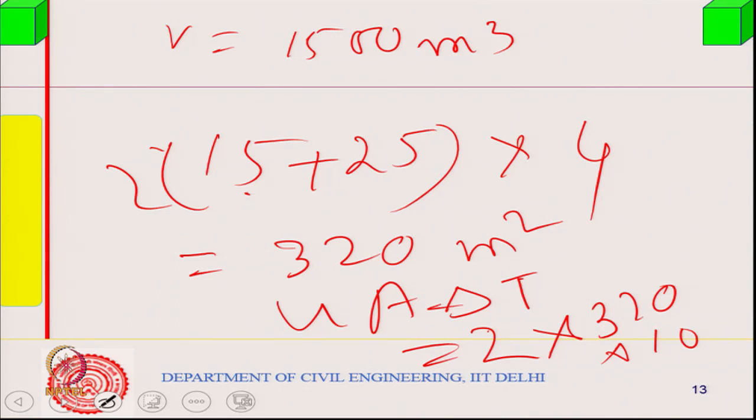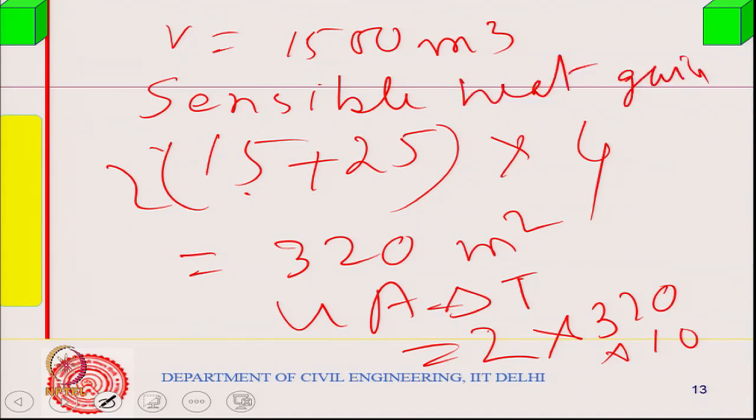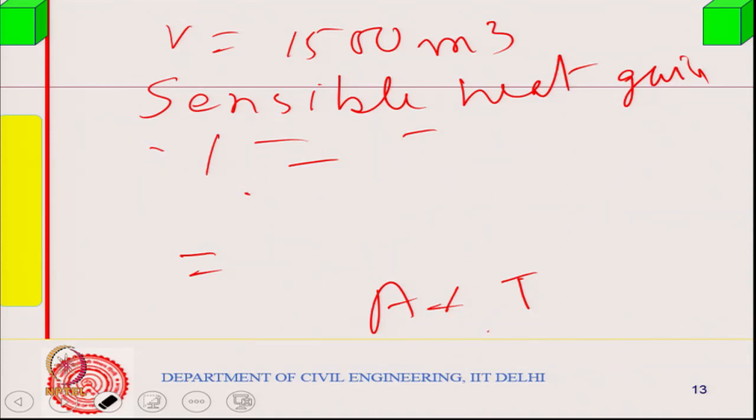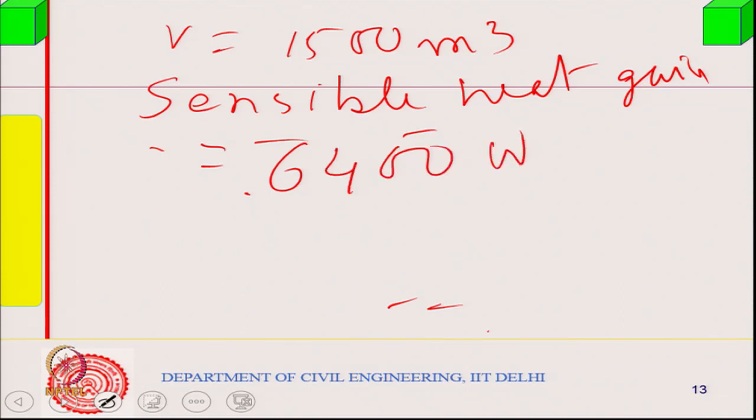So, the first component is 320 into 20, that is 6400 watt. This is one. Then let us see what the other one is.